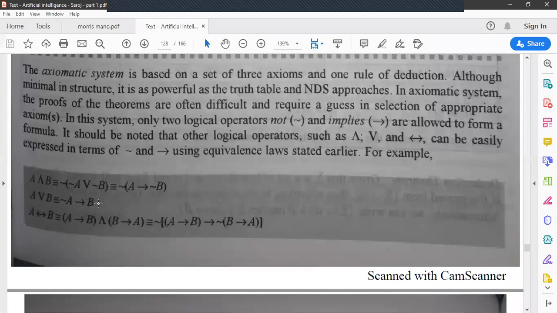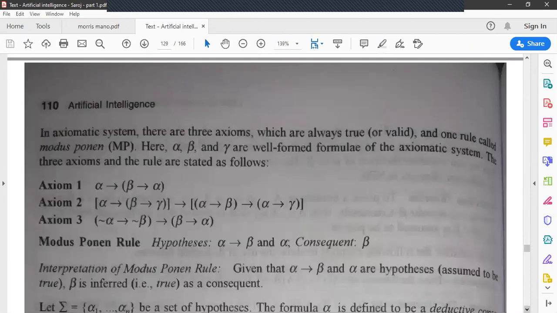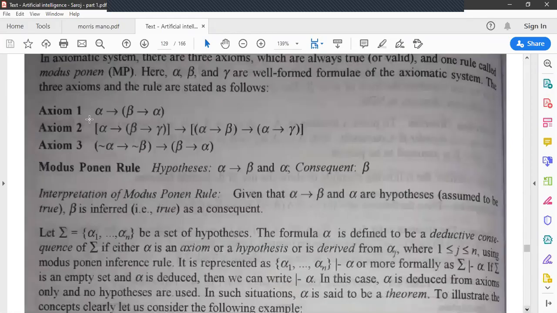To prove or to deduce in the axiomatic system, the 3 axioms are these. Alpha implies beta implies alpha. This is axiom 1. Axiom 2, alpha implies beta implies gamma, and the whole formula implies alpha implies beta, which in turn implies alpha implies gamma.